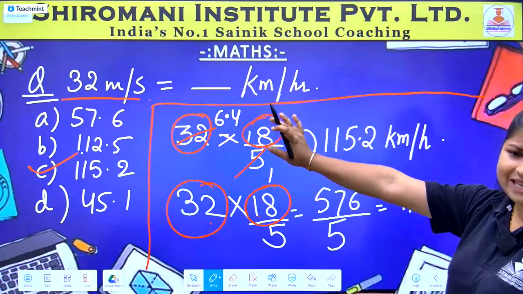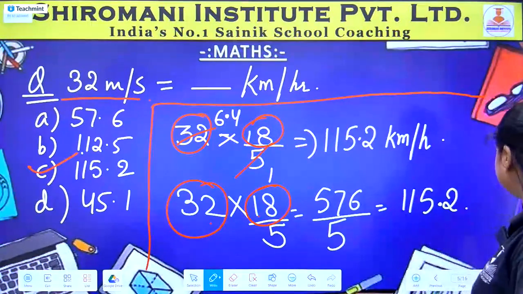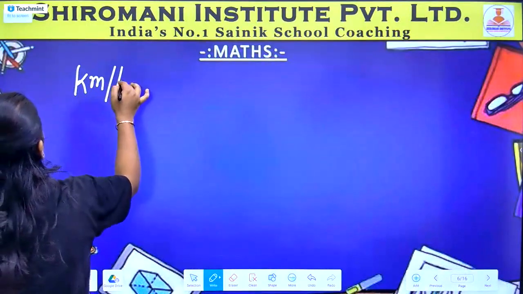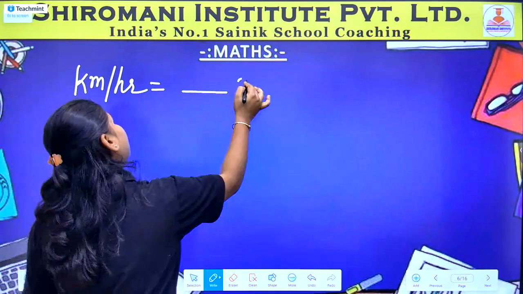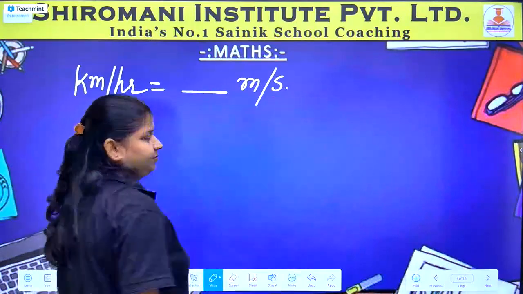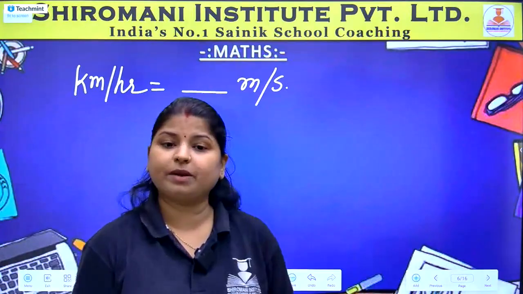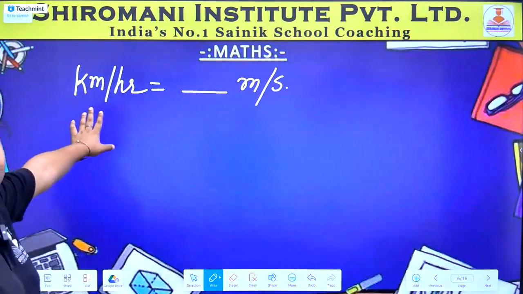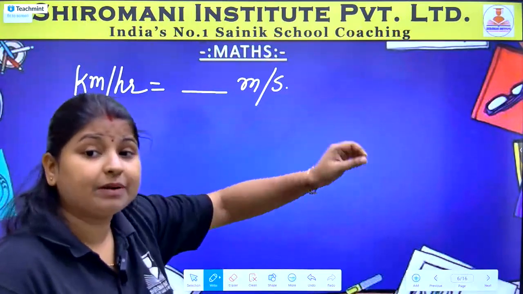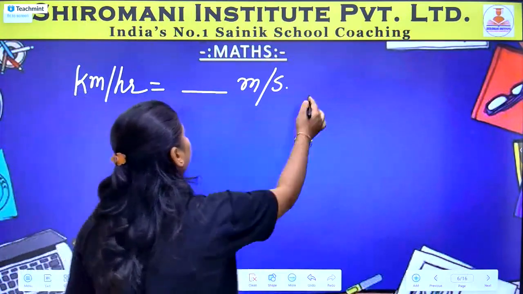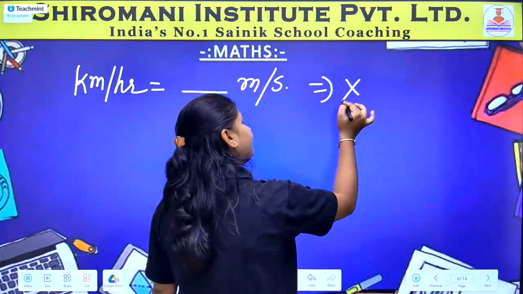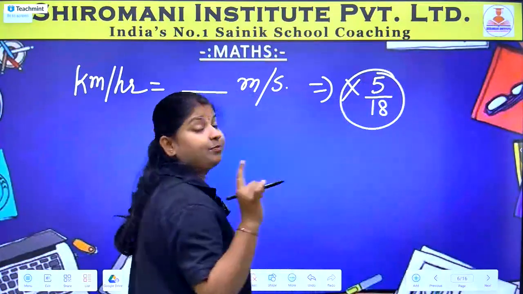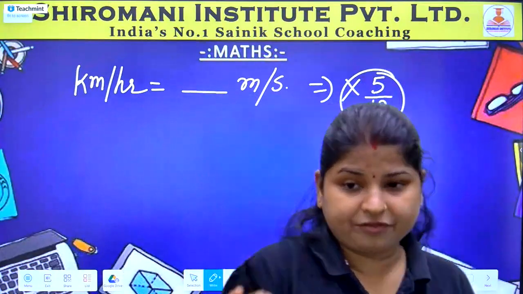This we learned: meter per second into kilometer per hour. What if a kilometer per hour question has been given to you and you have to convert it into meter per second? Always remember, if you have to convert kilometer per hour into meter per second, you will multiply by 5 upon 18, just the reciprocal of 18 upon 5.